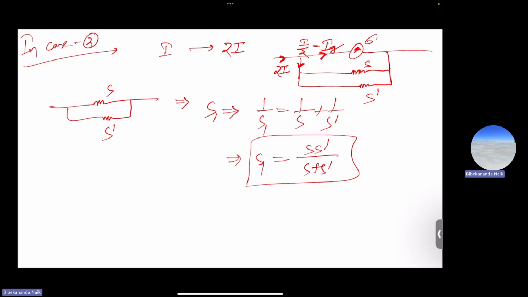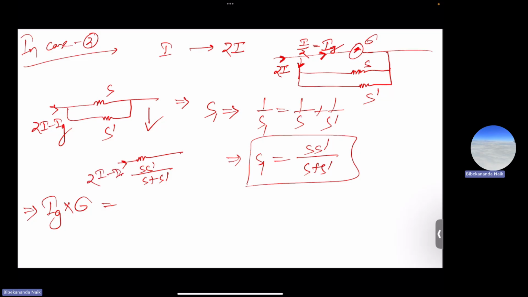Now, according to Kirchhoff's law, the current into resistance in this branch will be equal to the current into resistance in the second branch. So here it is Ig into G, equal to the current flowing in this branch, which is 2I minus Ig. When we converted it to a single resistance, it is S S prime divided by S plus S prime, and the current flowing is 2I minus Ig.